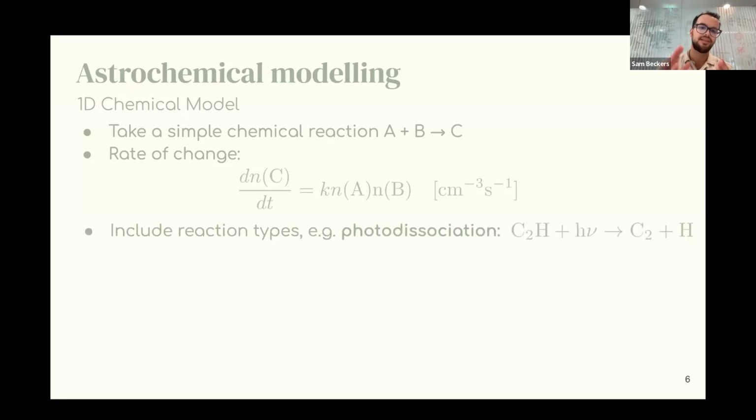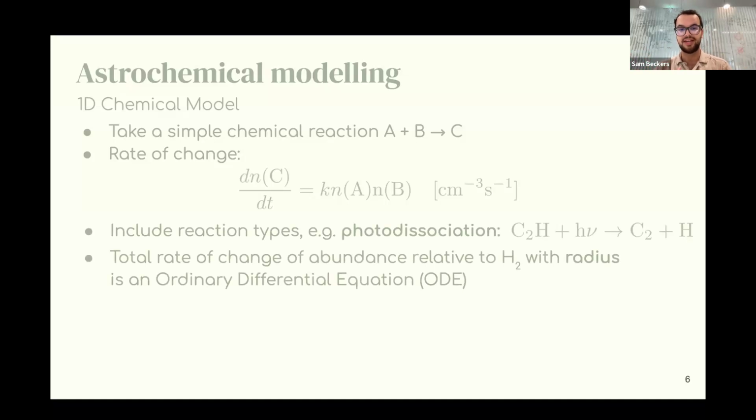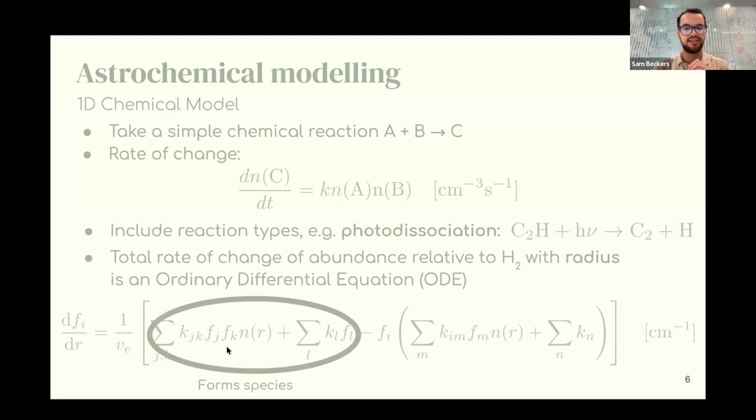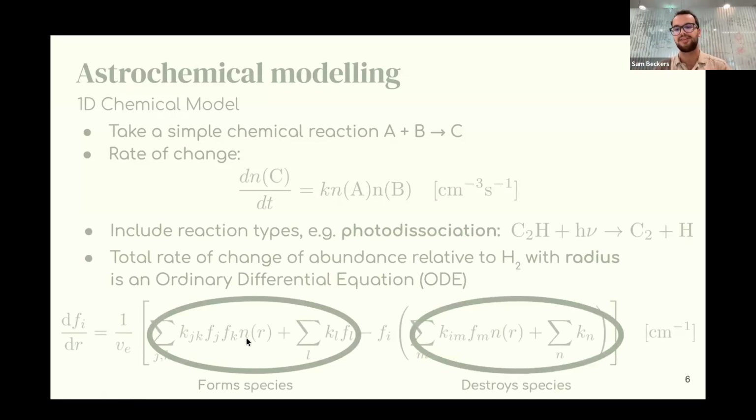If you include different reaction types, such as photodissociation, where a photon hits the molecule and splits it up, then the total rate of change of the abundance, so the amount of C relative to hydrogen with radius, is actually an ODE that we can solve. Don't look at this equation, but the important thing is that this part here forms species and the other part destroys species. And with that, we can calculate abundances.